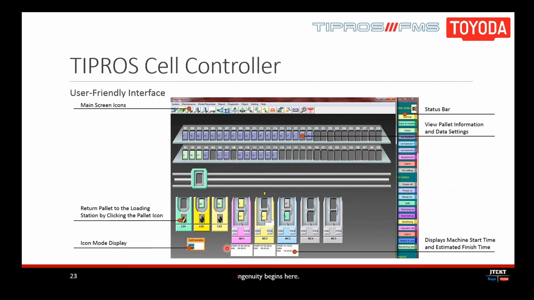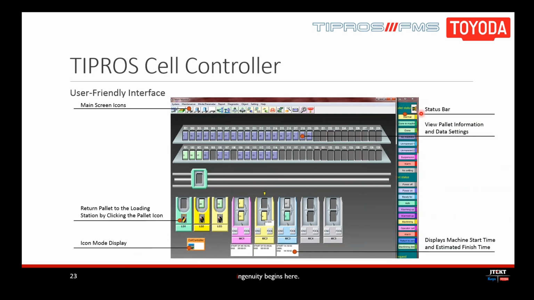This function here, you see here, is when a pallet comes in the machine under the spindle, it starts a timer. It tells you what time it started and what time that pallet will be completed and back into our loading station. Here is an icon where we can look at if the system is in manned or unmanned mode.